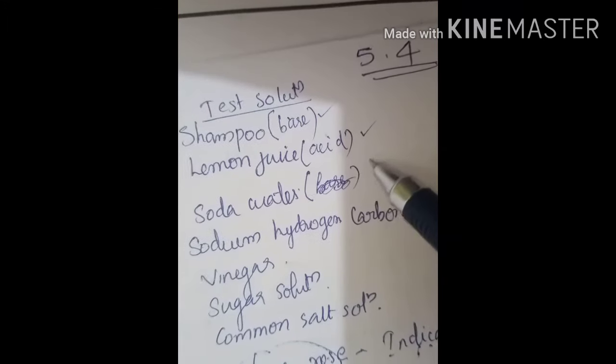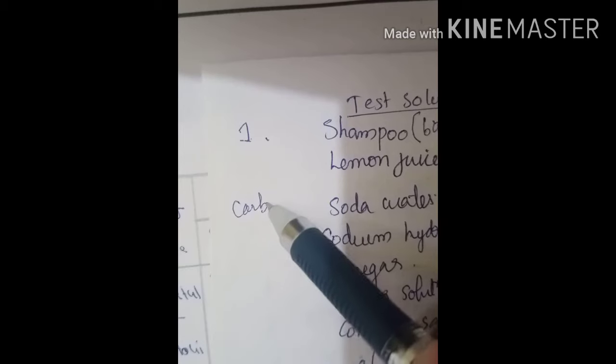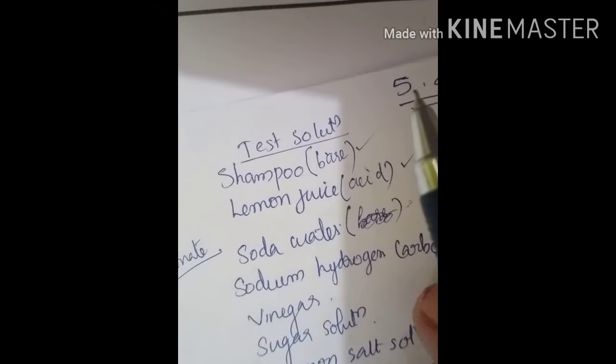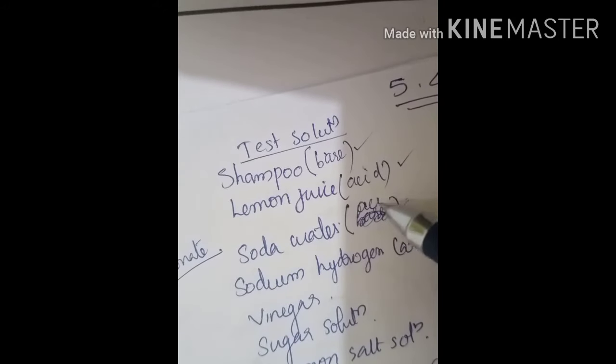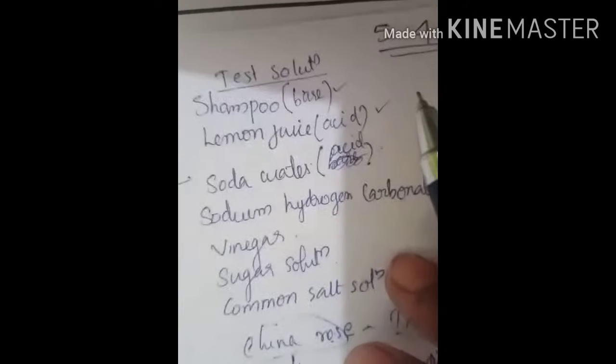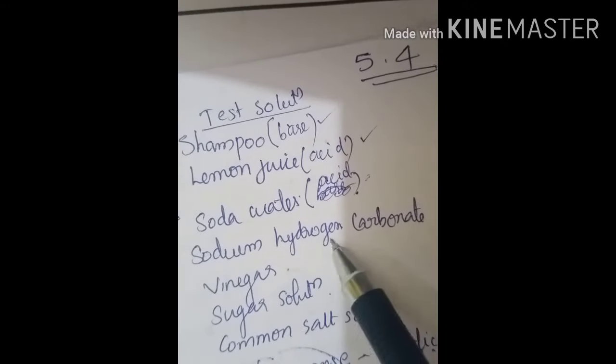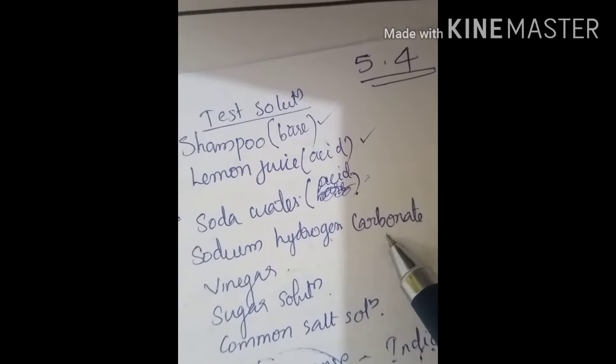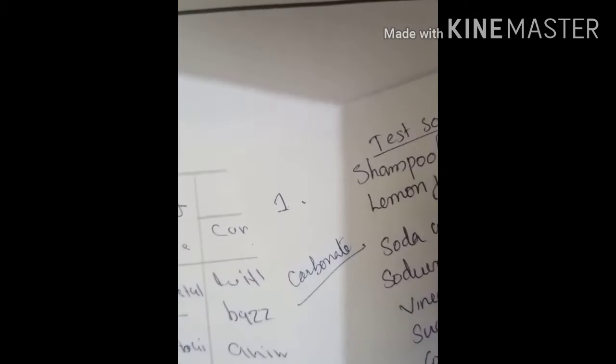Shampoo is a basic solution. Lemon juice is an acidic solution. Soda water, we know that it is carbonated water, and carbonated water is acidic. Then sodium hydrogen carbonate solution is baking soda.